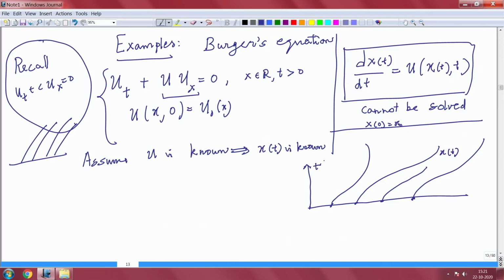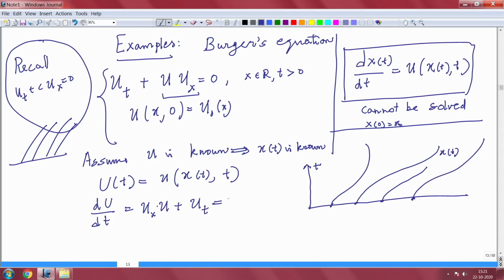Exactly following it, I introduce u(t) equal to u(x(t),t), and then you can compute du/dt. I am blindly following; you can compute u_x times dx/dt, where dx/dt is my u. So, you get u_t plus u u_x equal to 0, which is the PDE. So, you have still a similar ODE.